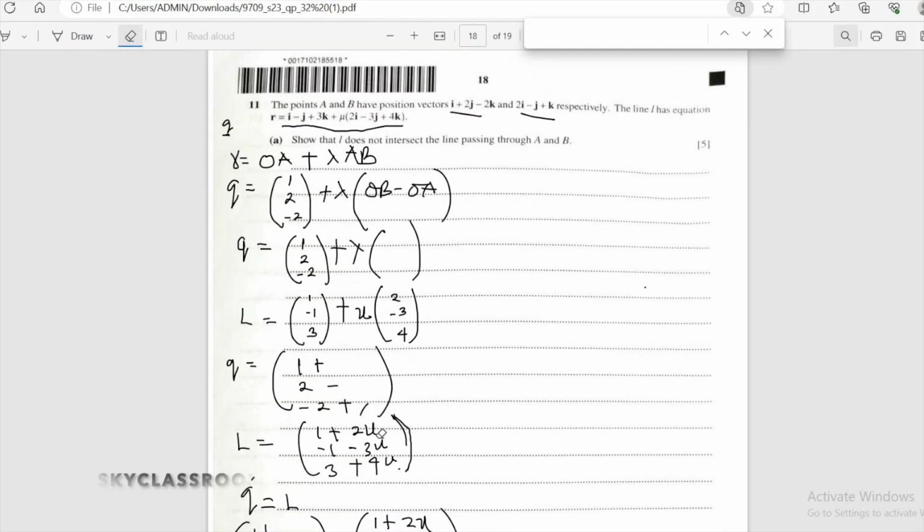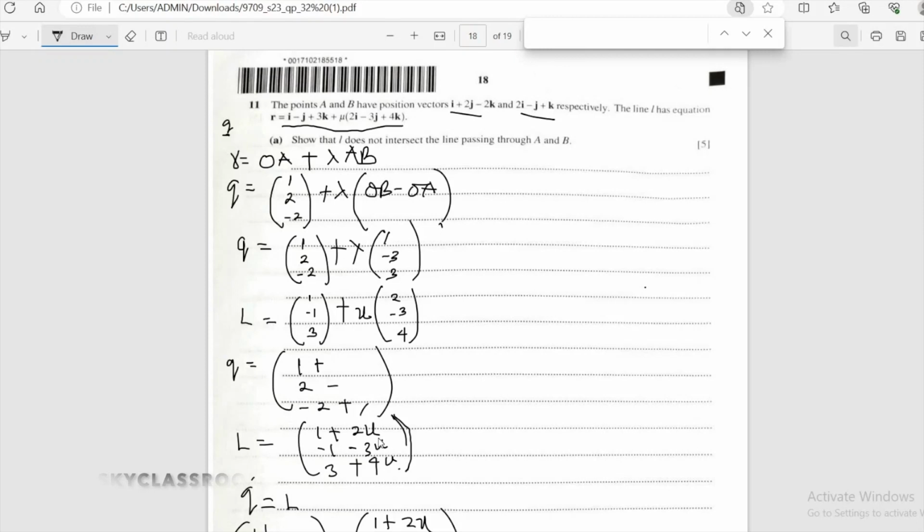Okay, our OB minus OA. I think it was a mistake from my side. It is (1, minus 3, 3).